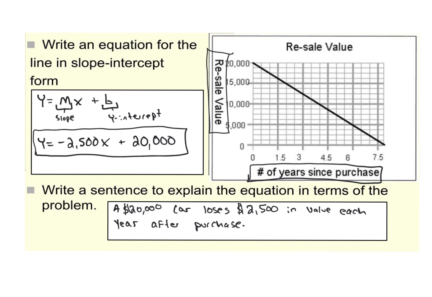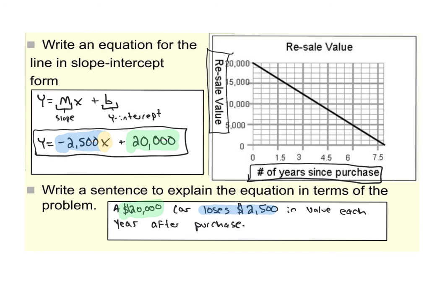And all of my elements are there. I have my slope represented, negative 2,500, loses 2,500. I have my y-intercept represented, the $20,000 car. I'm showing my x.